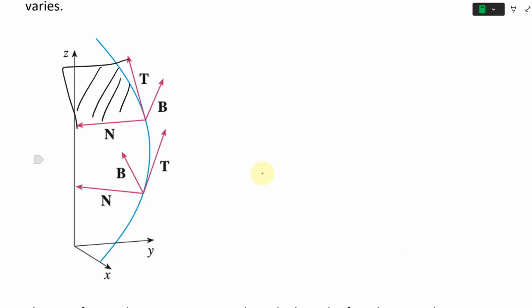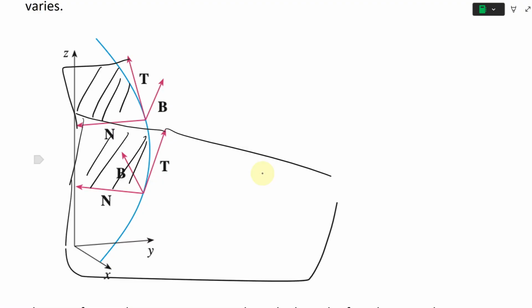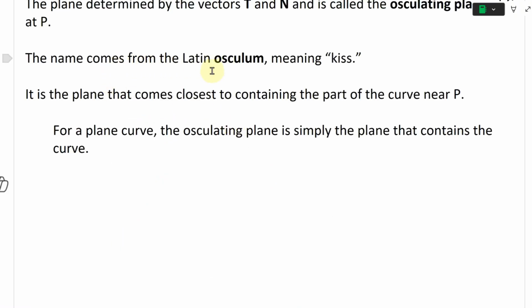But again it extends further out, and it's kissing the space curve. In this case it's going to be this one here. It's just kissing it there, but again, it expands out to all space, like that.